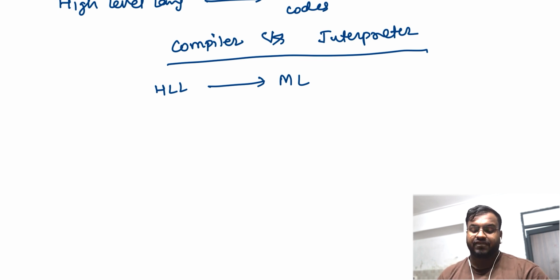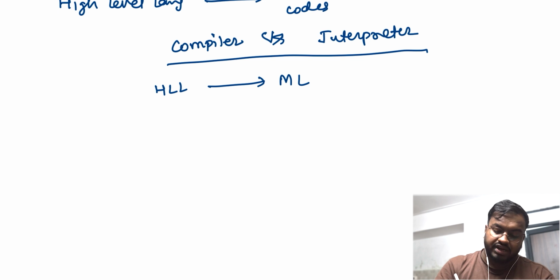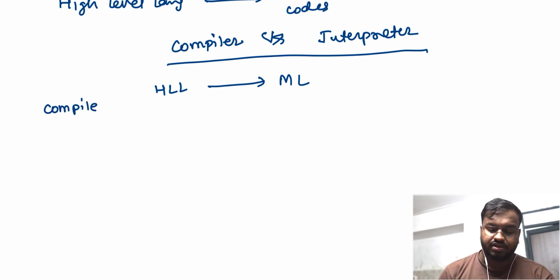The main difference lies in their working, meaning how they convert a high level language to machine level language. Compilers are different from interpreters based on how they convert a high level language to machine level language. So let's talk about the compiler first. Then we will discuss the interpreter.